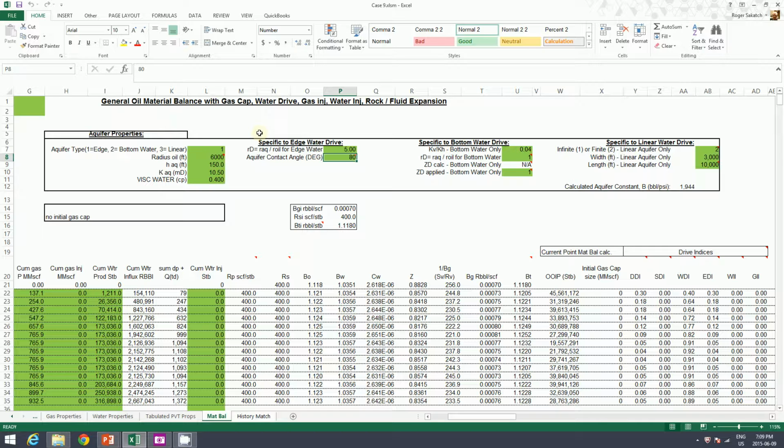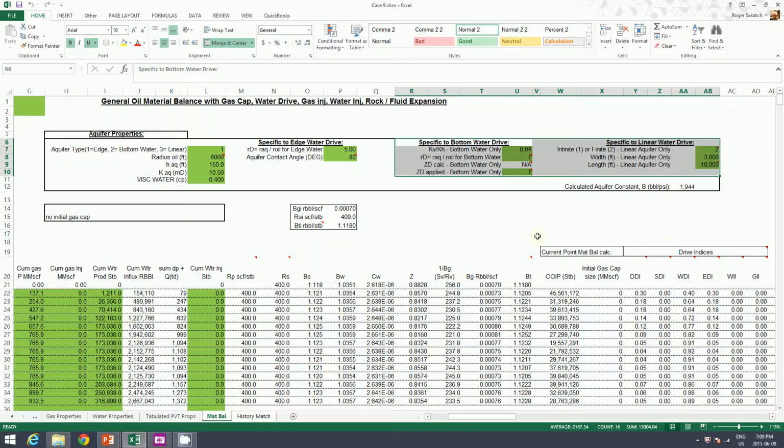In this case, it's felt to be significantly less than that, maybe around 80 degrees or so. These parameters over here are specific to bottom water drives or linear drives. In this case, these values that we have entered here are not being used at all by the program.